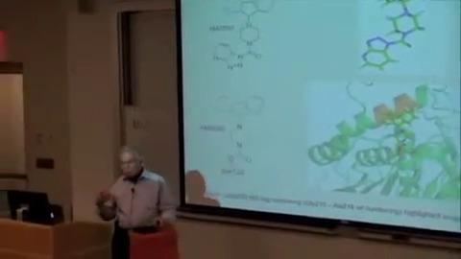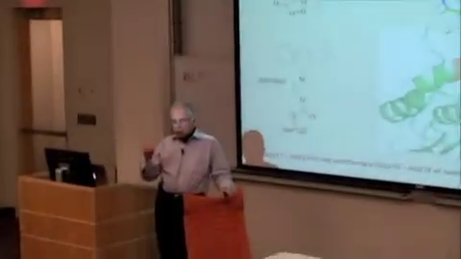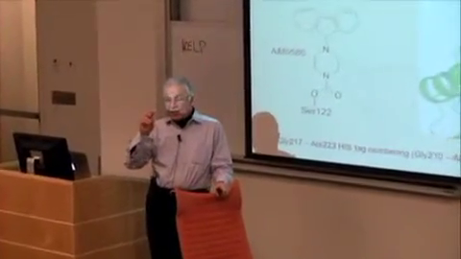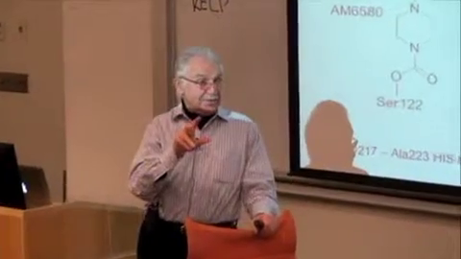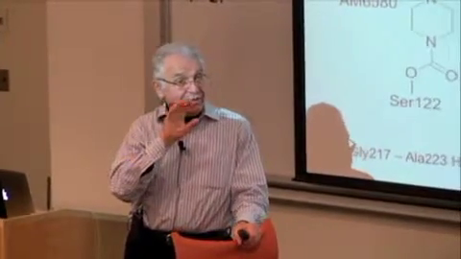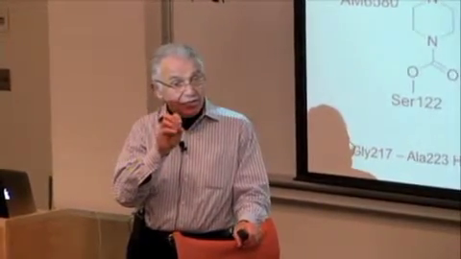Now, how do we end up designing these molecules? Ultimately, we want to design them for a perfect fit. So we have to play around with this. We have to look at the shapes of these molecules. Maybe we want to tweak it a little bit here to make it fit a little better. It's just like when you go to the tailor shop and they make a dress for you. They say, well, I need to cut it here a little bit.